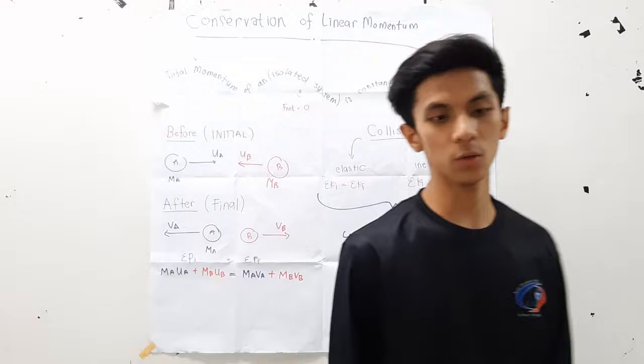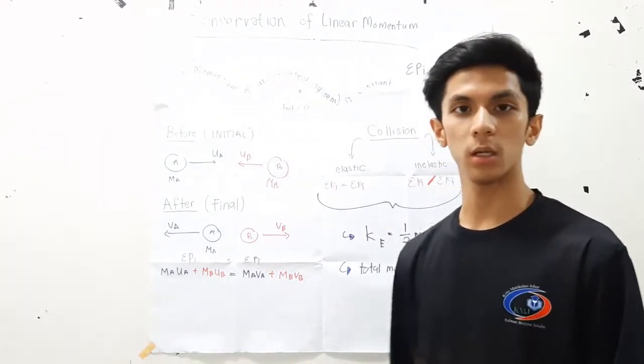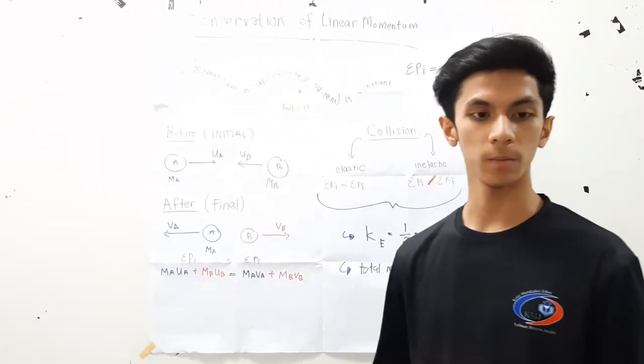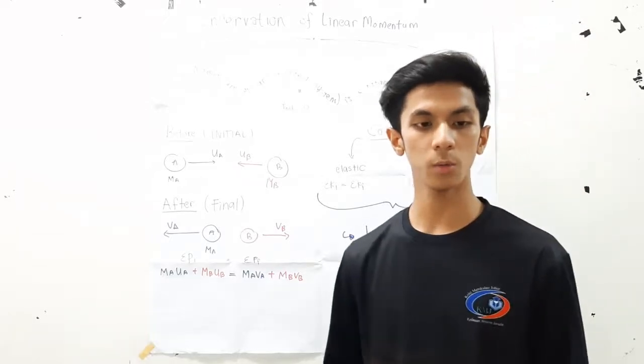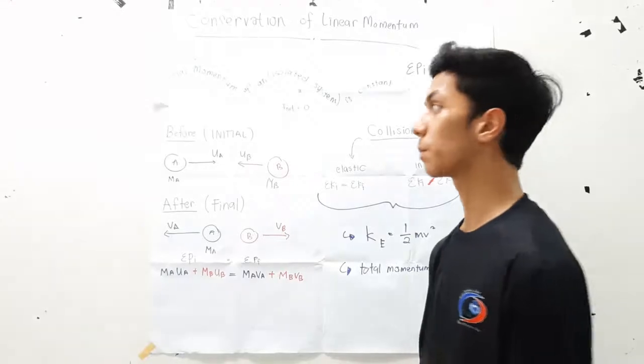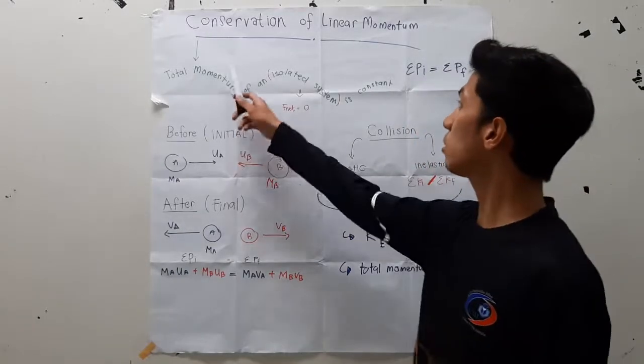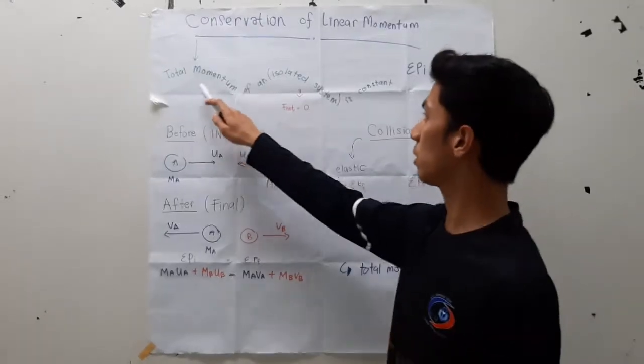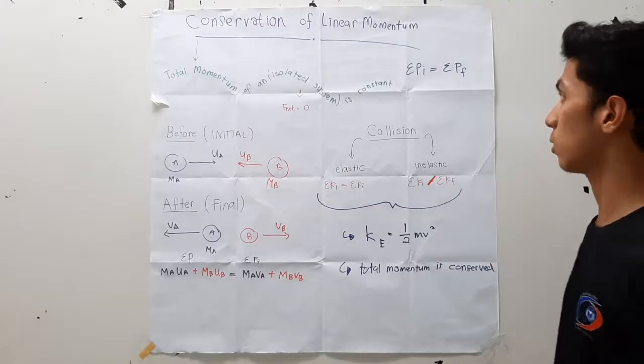Hi guys, continuing chapter 3, momentum and impulse. I'm going to present learning outcome 3.2, which is conservation of linear momentum. The conservation of linear momentum states that the total momentum of an isolated system is constant.